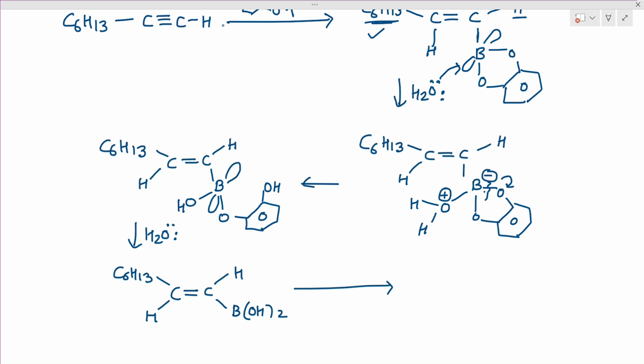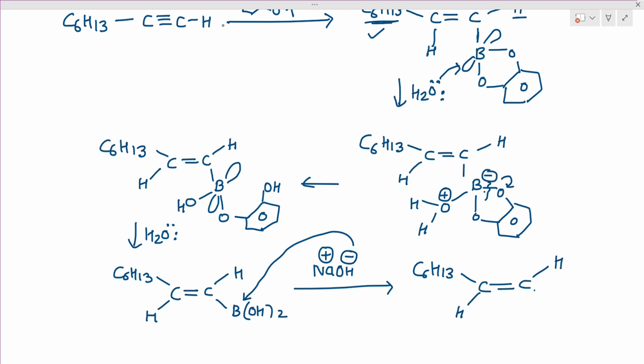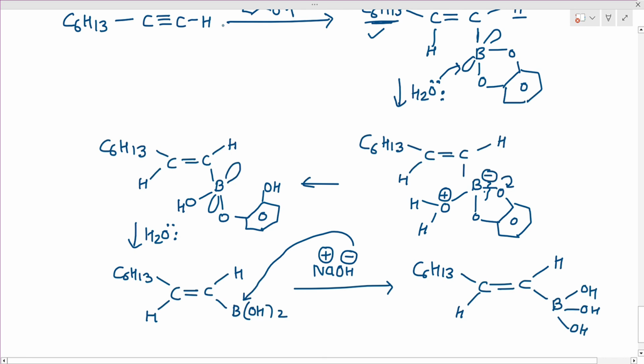Now, in the next step, you have to treat it with NaOH. NaOH means there is OH minus ion. And this OH minus ion will again attack on this boron. So you are getting C6H13, C double bond C, H, H, and here B with OH, OH, and OH. So there will be a negative charge, because boron has 4 bonds.